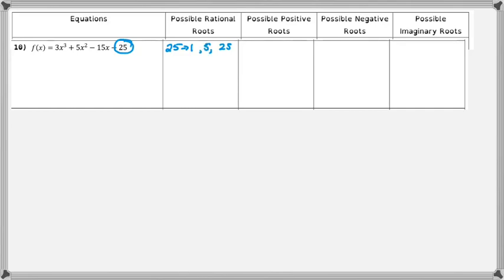And then I look for my factors of the 3 from the leading coefficient, and that is 1 and 3. So I had 3 on the first one and 2 on the second one, so that gives me a total of 6 that I'm going to end up creating. And so I have plus or minus. I'm going to create 6 fractions to start with.